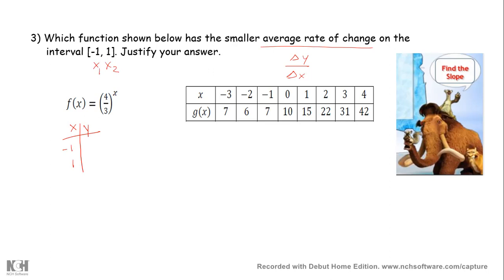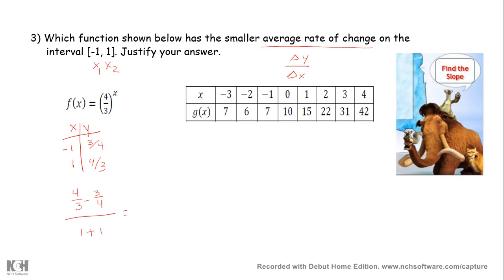But we need to find out what our y values are. So when I go ahead and put this in my calculator, my y value at -1 is 3/4, and my y value at 1 is 4/3. So if I go ahead and do the slope formula, it would be 4/3 minus 3/4, those are my change of y's, divided by 1 minus negative 1.